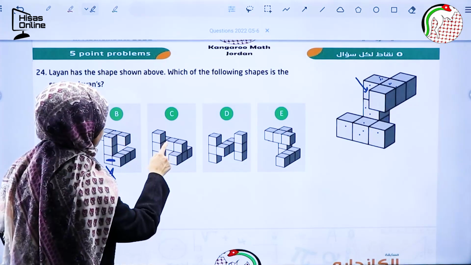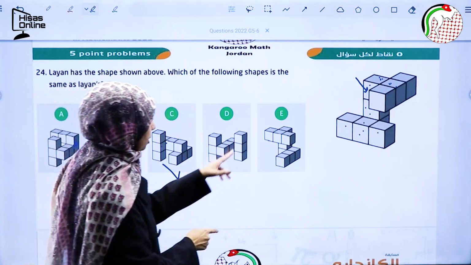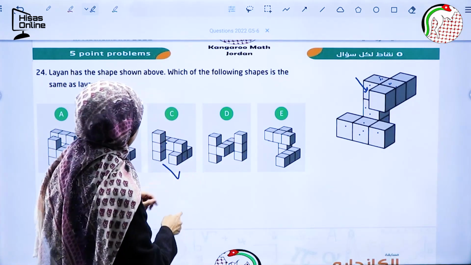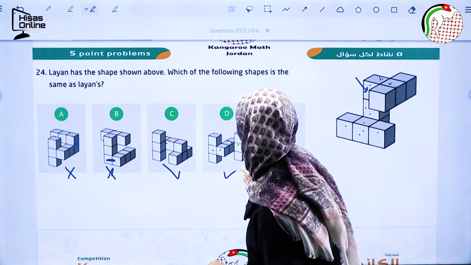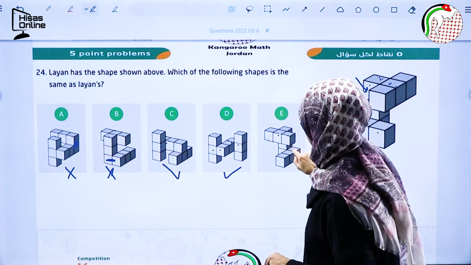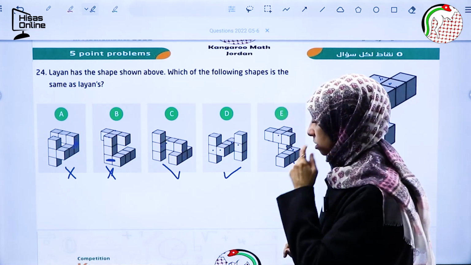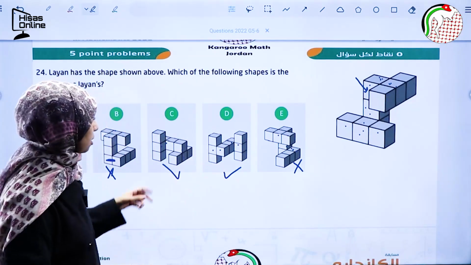Here, in the middle, this is correct, but let us check the other one. In the middle and in the middle, this is also correct. Here, in the middle and at the edge, this is incorrect, but we couldn't have 2 correct answers.